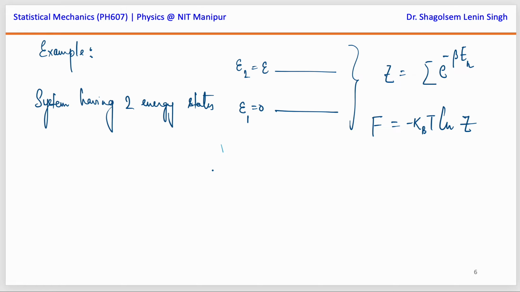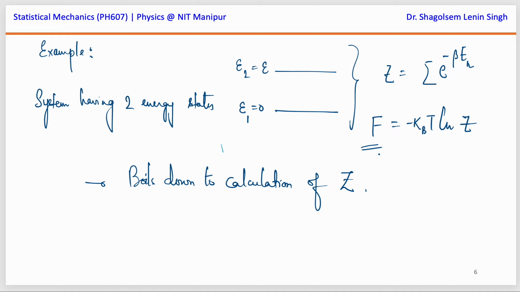So you see, the entire exercise of statistical mechanics at some point of time boils down to calculation of partition function. So in the previous exercise of the non-interacting spin model, you could use this expression and try to calculate the free energy.